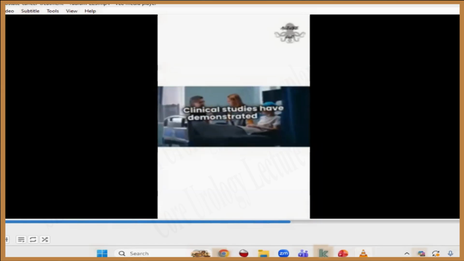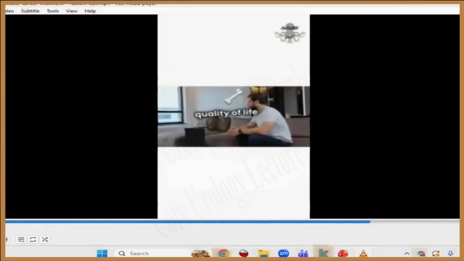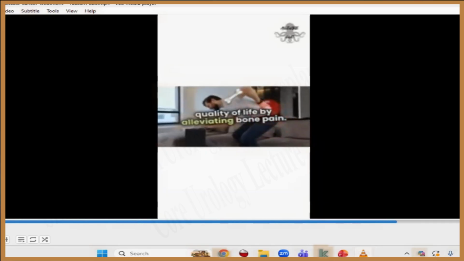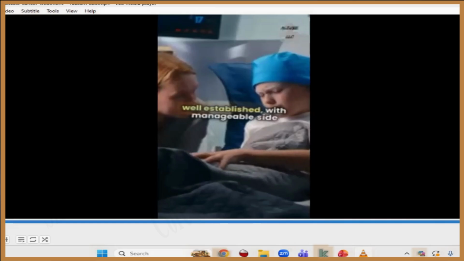Clinical studies have demonstrated that radium-223 not only extends overall survival, but also significantly improves quality of life by alleviating bone pain. The treatment is administered via intravenous injection, typically in 6 cycles, and its safety profile is well established, with manageable side effects.